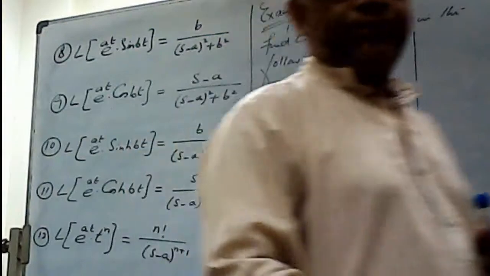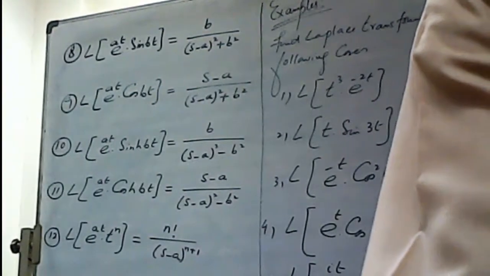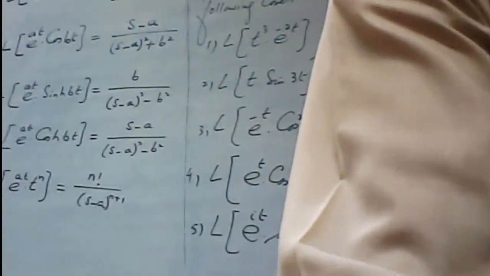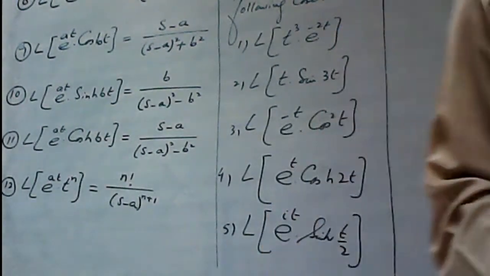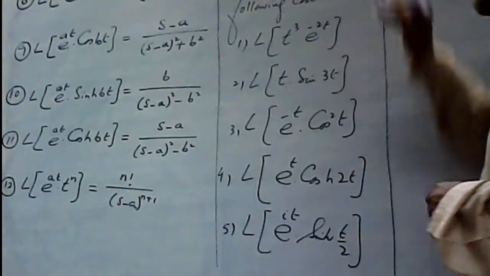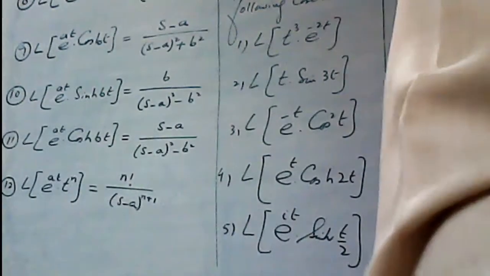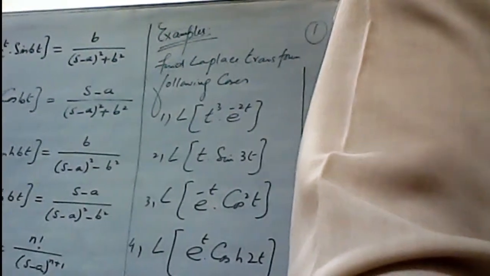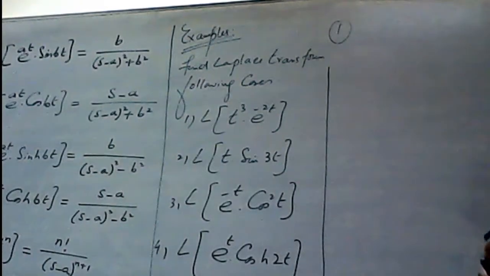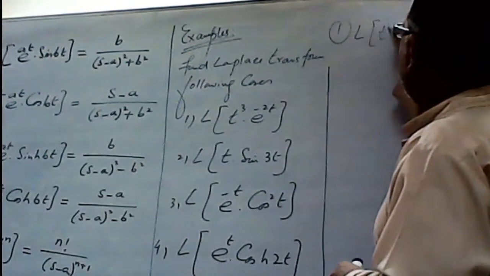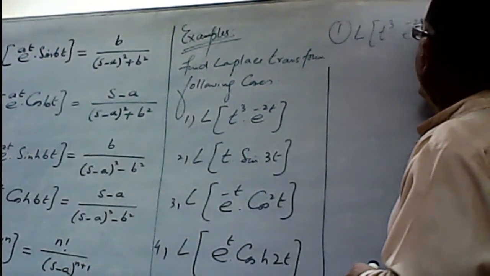Now starting with example number 1. We have Laplace of t cube into e power minus 2t.